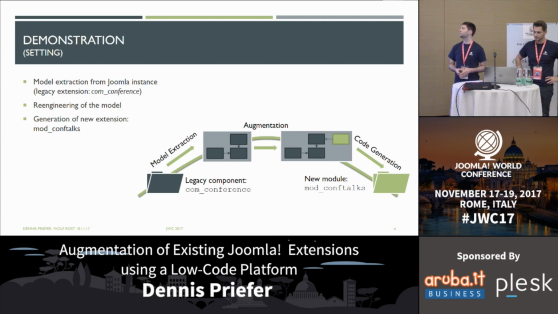For this, we will show you how you can extract the important information Dennis talked about from your existing extension, in our case a component, modify the model we get, create a new Joomla module, and generate the code. Then hopefully we have a module that we can install in a Joomla instance, and that will show all the talks of the simple conference component.